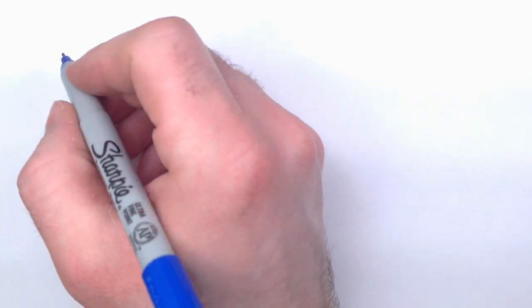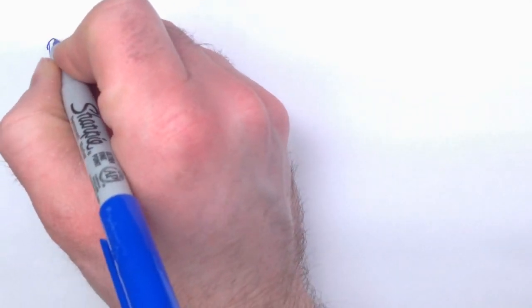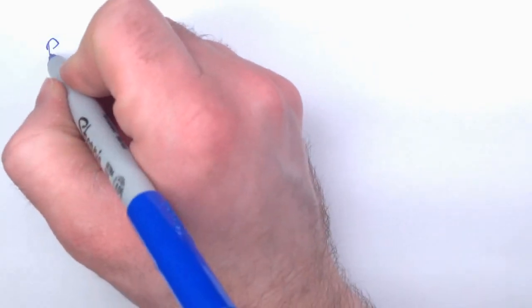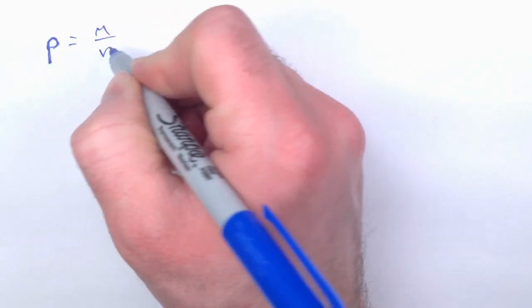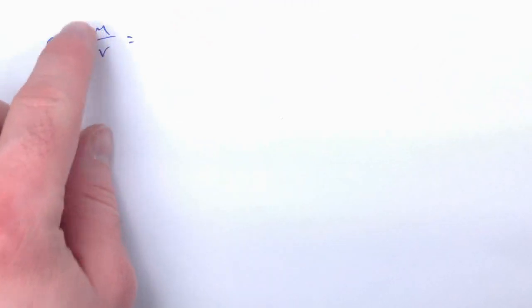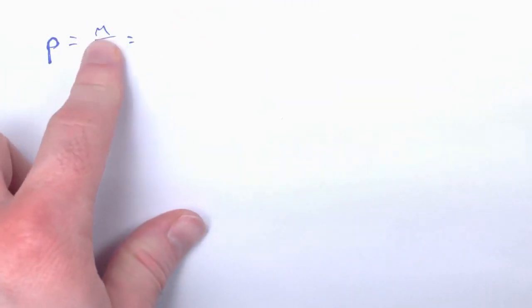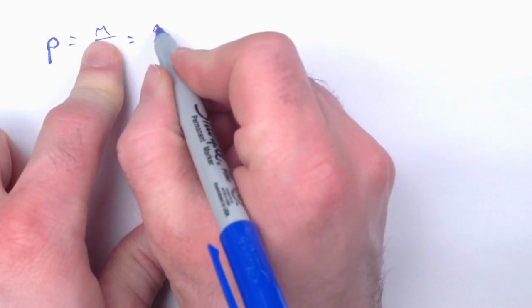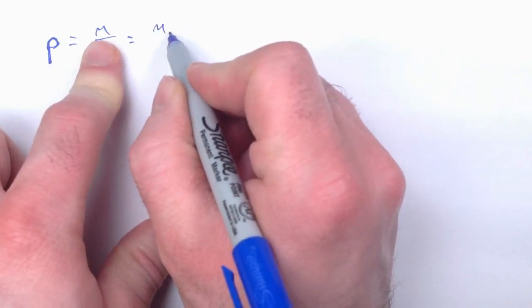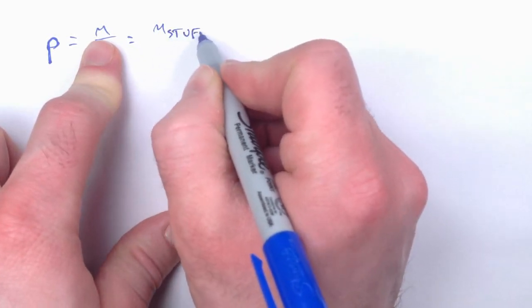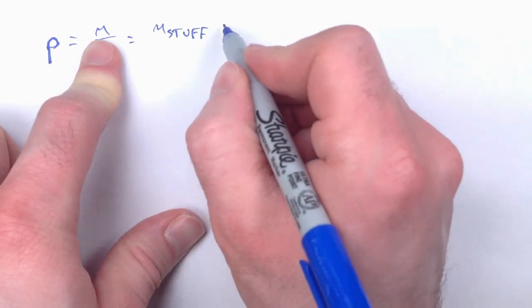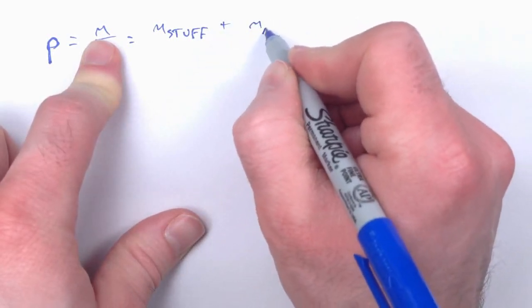We need to find an expression for the density of, I keep writing a lowercase p instead of a rho, the hot air balloon. So if you'll remember, the density of the hot air balloon is made of its mass and its volume, and the mass of the hot air balloon was made of the mass of all of the stuff, a super scientific mass of stuff, plus the mass of the air.